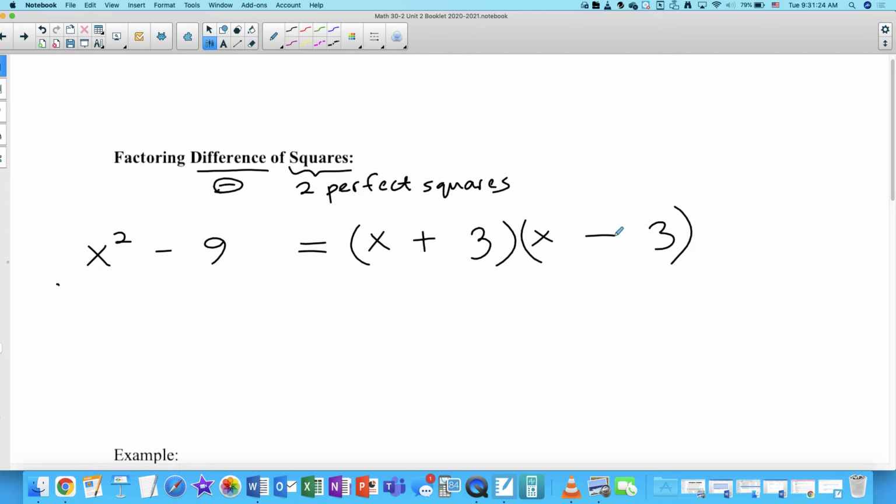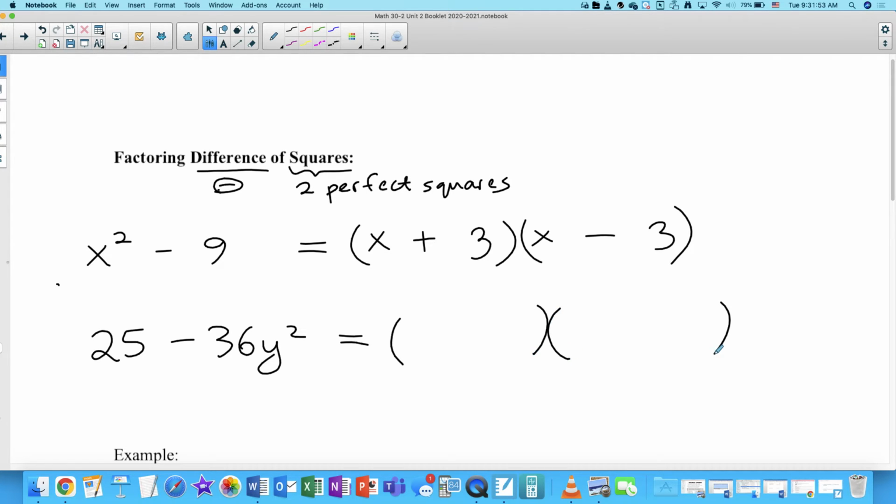Okay? So let's try one more. Let's say I have that. Okay? If you recognize that it's a difference of squares, and that's one of the most important things that you can do, then set up two sets of brackets.